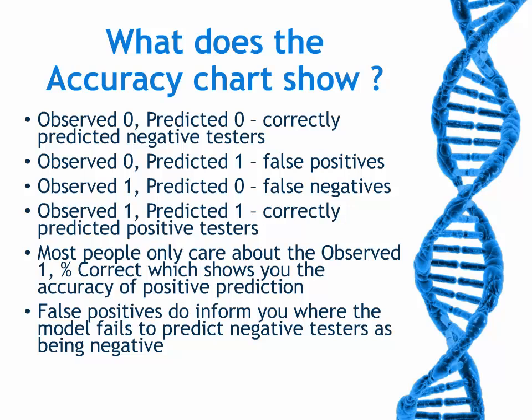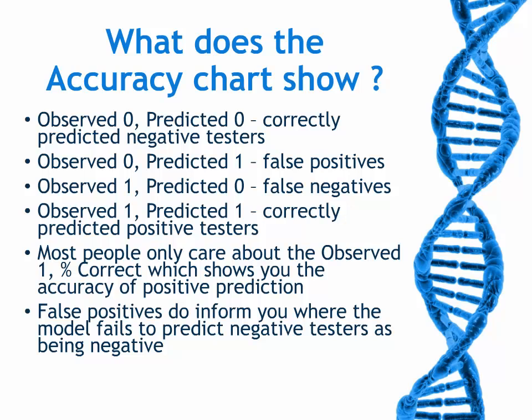And then there's observed 0 but predicted as 1. So that's a false positive, because you observed it in real life as being converted to be 0, but the model predicted 1. And then there's observed equals 1. That means it actually tested positive, but it was predicted to be negative, so that's a false negative.